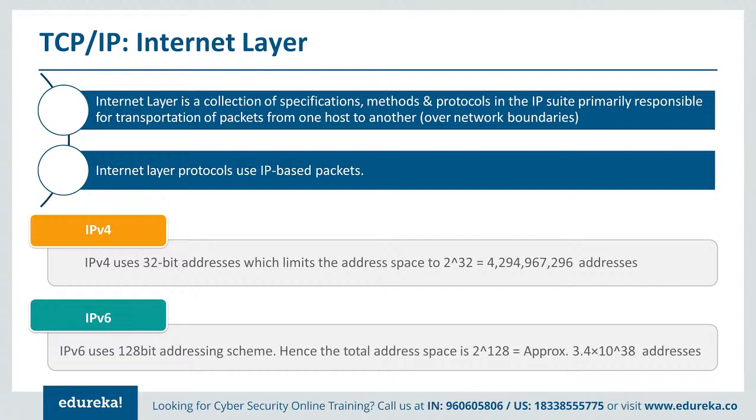Even though the amount is vast, it is not sufficient to assign to all the clients. Likewise, IPv6 is 128-bit addressing, so it is approximately 2 power 128. The IPv4 address space is just 2 power 32, but IPv6 gives 2 power 128. So it's too large. We get billions of addresses we can use.